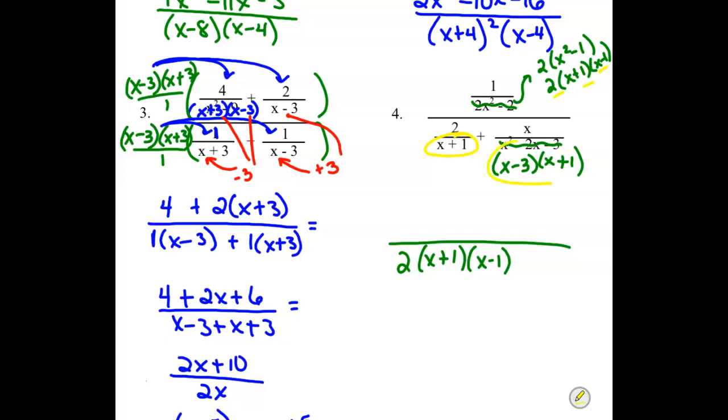Looking at this denominator, I have the x plus 1, but I don't have the x minus 3. So that's going to need to be my common denominator. Okay? So I would have to multiply all of these fractions by that piece. Okay? So lots of little pieces. We need a 2, an x plus 1, an x minus 1, and an x minus 3.